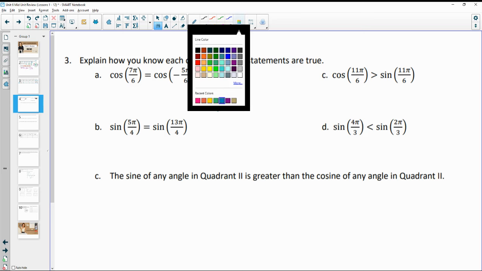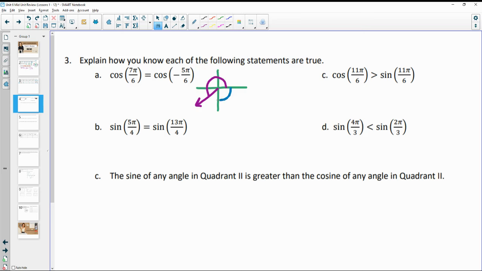And then if we went negative, this would be negative 5 pi over 6. So they represent the same angle. So they're coterminal, so they're going to be equal to each other since they're coterminal angles.